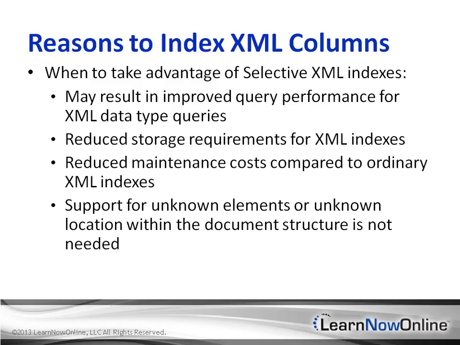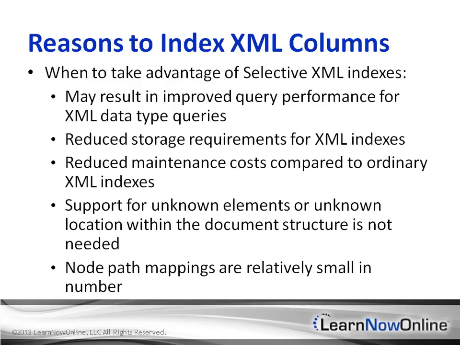If you need to support unknown elements or unknown locations within your document structure, then the XML selective index is not for you. And remember, selective XML indexes work by mapping out specific nodes, but if you're going to map out a great deal of nodes, you're actually going to reduce your query performance. So this is really meant for a relatively small number of node paths.